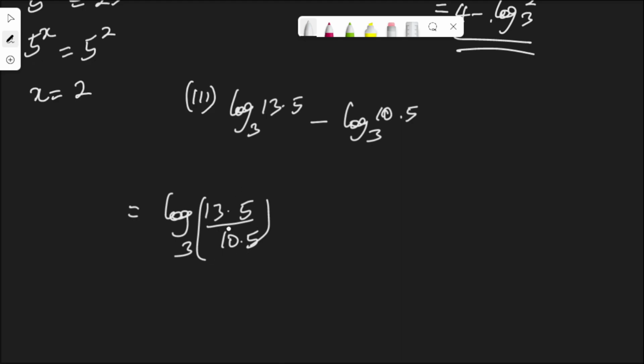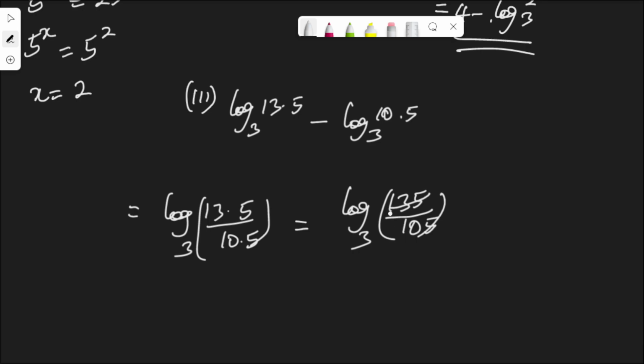I want to remove this decimal here. To do that, I'll multiply both the numerator and the denominator by 10. If I multiply this by 10, I'll have 135, and if I multiply this by 10, I'll have 105, to base 3.